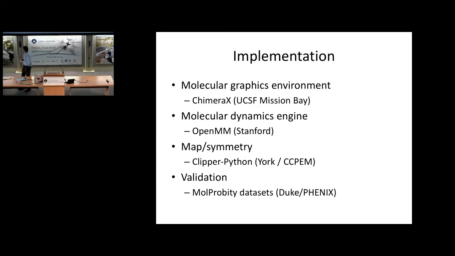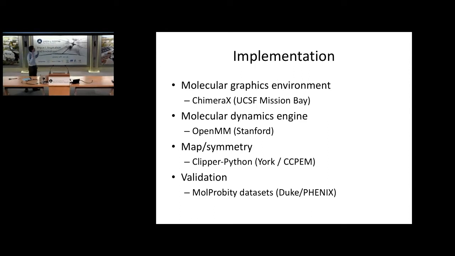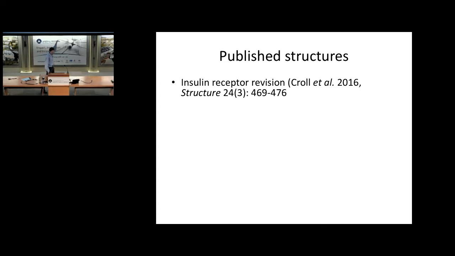The molecular dynamics engine is OpenMM, which has the most flexible Python API of any molecular dynamics code I've ever come across, and has been wonderful for making this all possible. The map symmetry handling is Clipper Python. And the validation is an application of the MolProbity data sets.